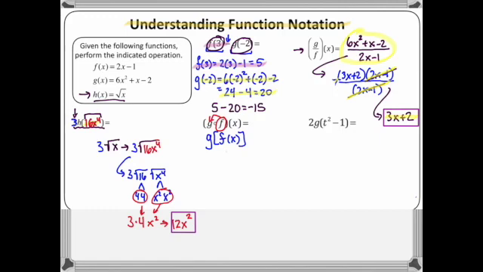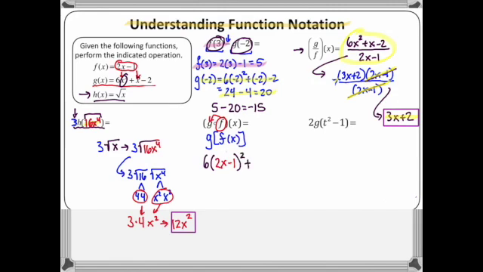So that means I'm going to take the g of x right here, and every x in that g of x is going to turn into f of x, which is this guy right here. So I write g of x, 6. Now usually it would be x squared over here, but instead I'm going to write 2x minus 1 and then square it up.